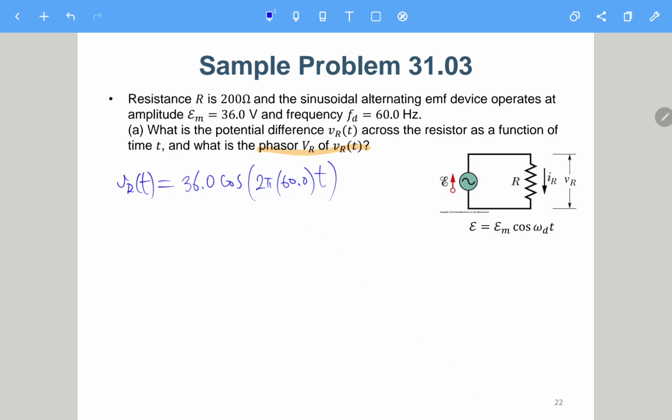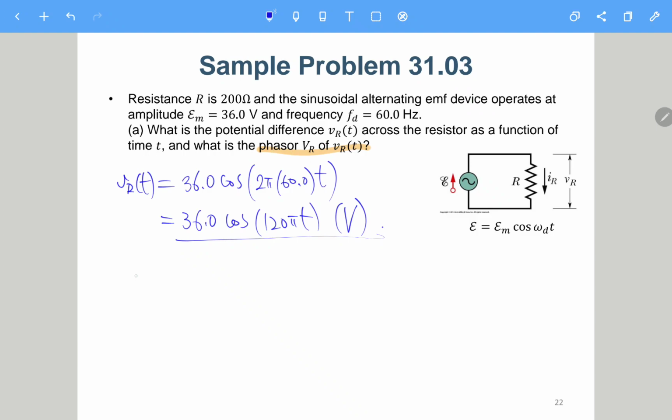If you slightly simplify it, it is 36.0 cosine 120 pi t, and the SI unit is volt.